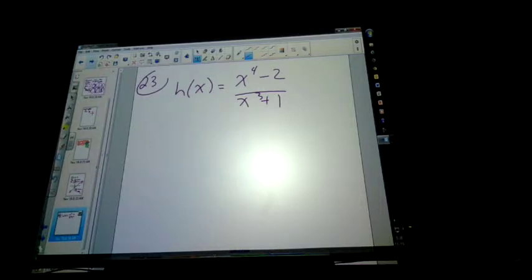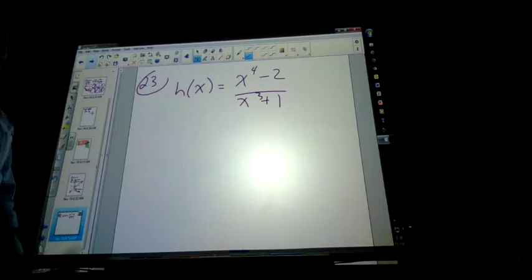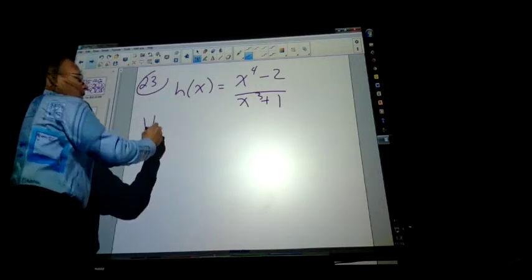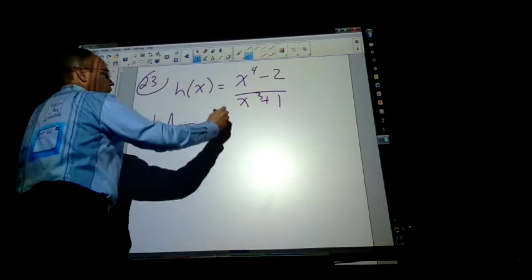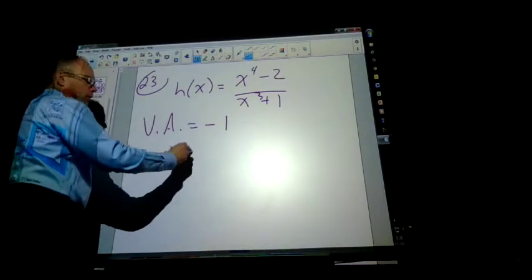How do you know it has an oblique asymptote? Which asymptote's missing? Horizontal. Could it have a vertical asymptote? Yeah. Anyone know what the vertical asymptote up here would be? Nailed it. So vertical asymptote, and then oblique is going to be x to the third plus 1.